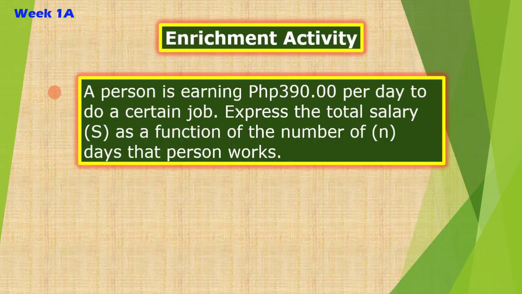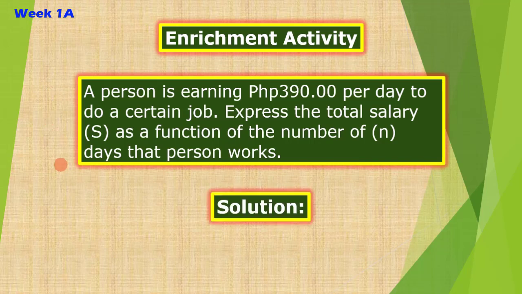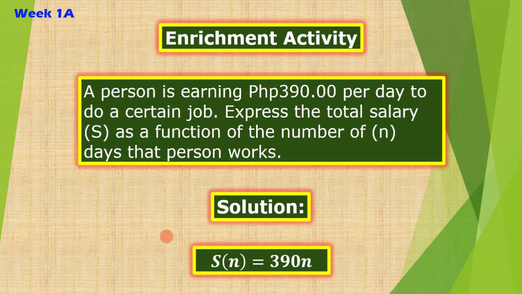Moving on to the enrichment activity. A person is earning 390 pesos per day to do a certain job. Express the total salary as a function of the number N of days that the person works. For the solution, we have S of N equals 390 times the number of days. So it's pretty easy.